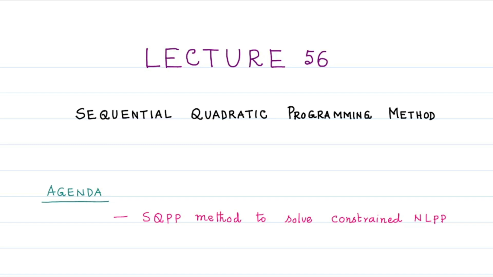The sequential or successive quadratic programming method to solve a constrained optimization problem basically employs Newton's method or quasi-Newton methods to directly solve the KKT conditions for the original problem.